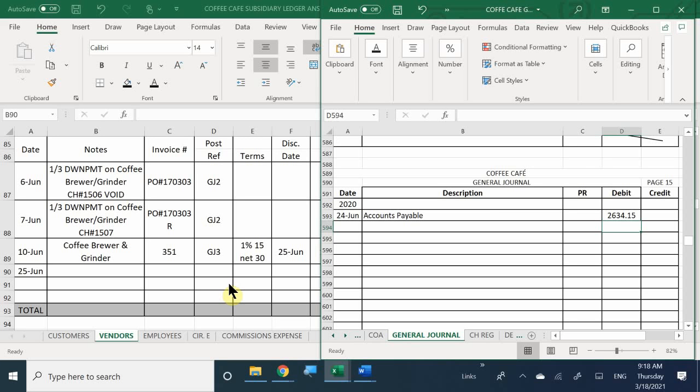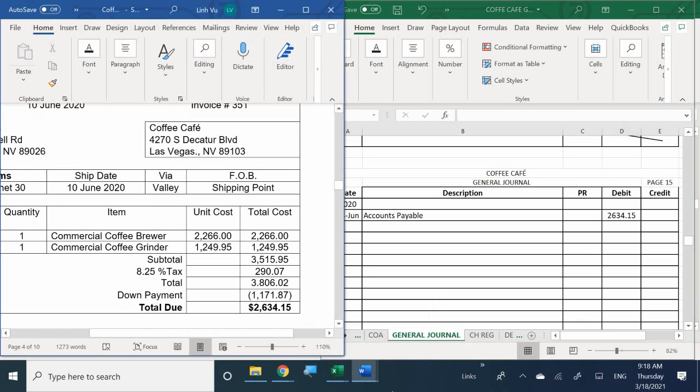This isn't a purchase of inventory. Where is my coffee grinder and coffee brewer located?